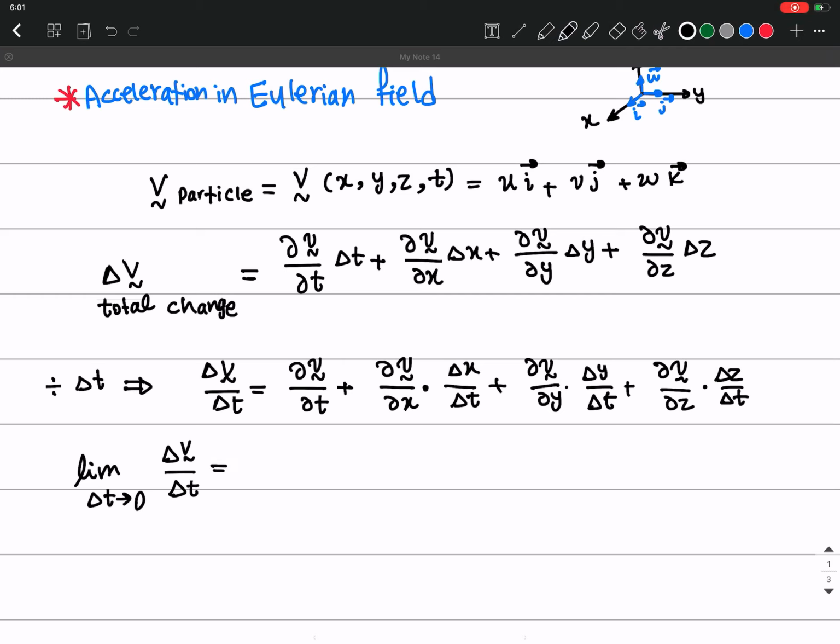What is this going to give us? If you remember from your calculus, this is just the definition of a derivative, right?